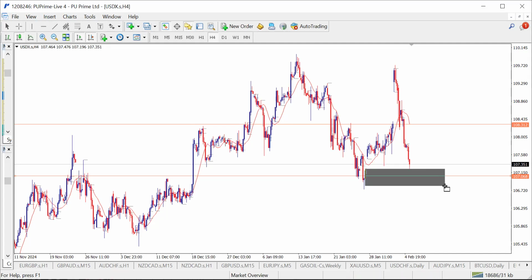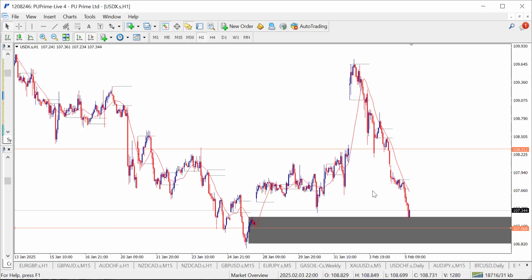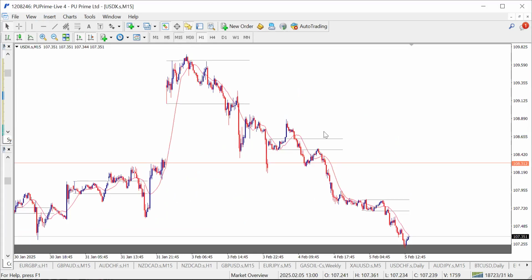The dollar could be bullish at this period because we literally have a supply zone here, right? Before I can say we buy USDJPY, USDX, we need to see a break above this high, then a retracement will give us more move to the upside. So we are currently in a retracement phase.